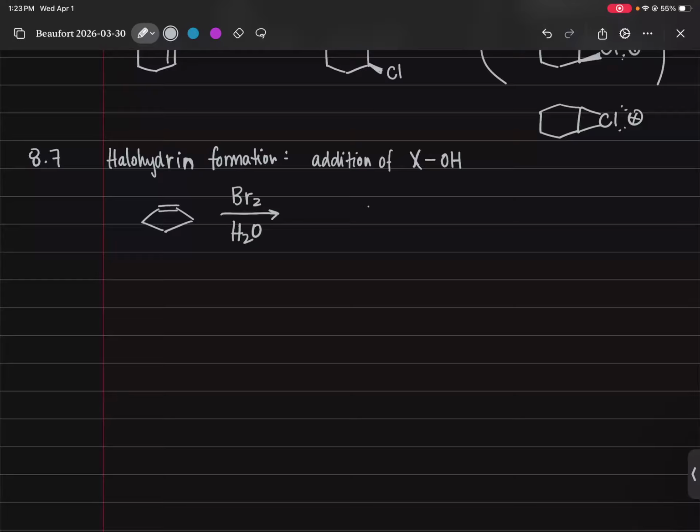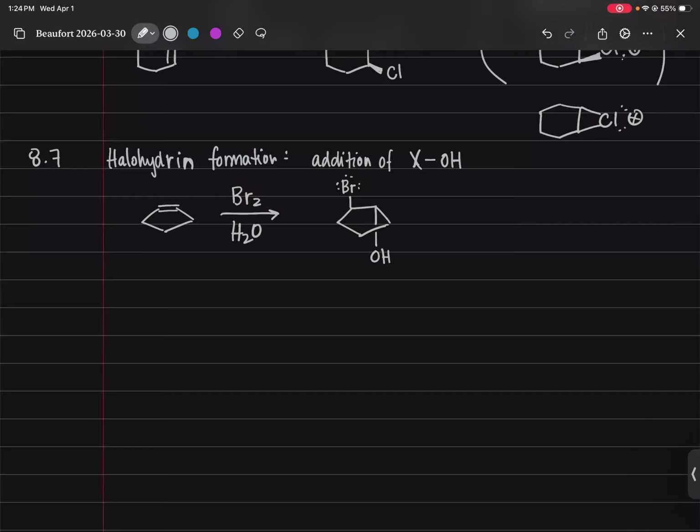So what that does gives us our bromonium ion, and all that happens in the same fashion. The only difference is the nucleophile that comes in and attacks from the bottom in that SN2 reaction is water, which ends up being hydroxide.